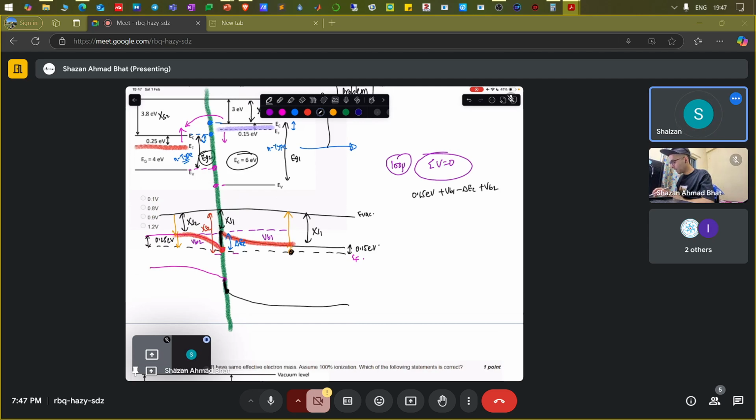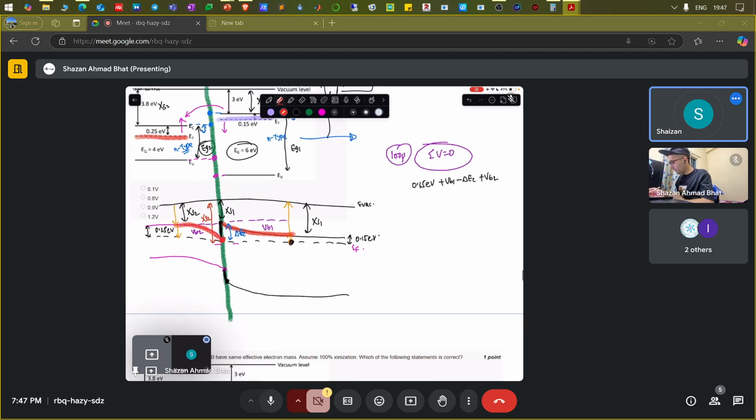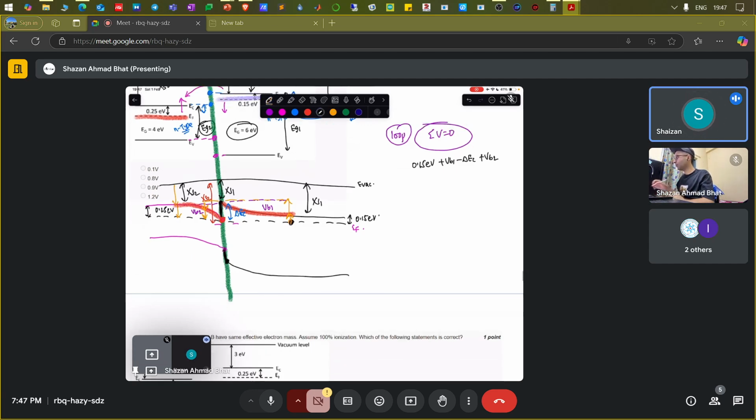So the path is like, let me show it in orange color. This, then moving on to this side. Then you have to go down by this side, this end. Okay, this, then this. That is the best path in order to complete the loop.